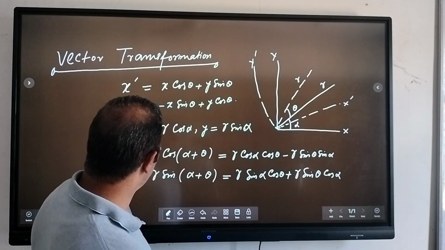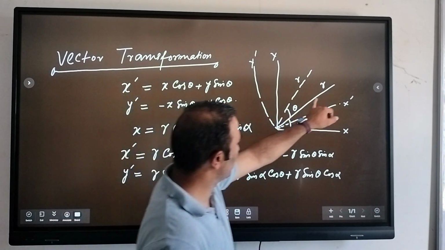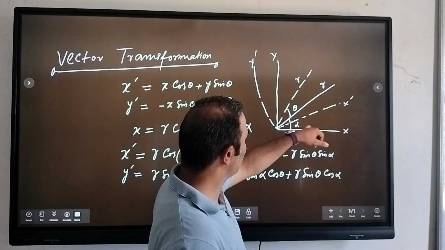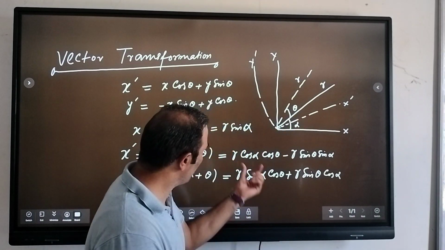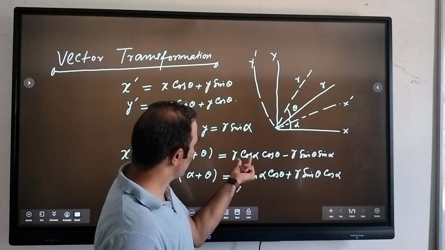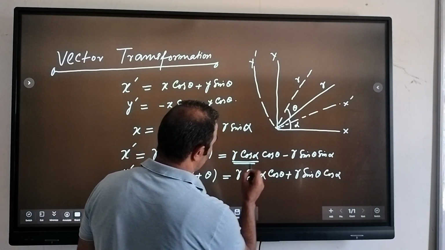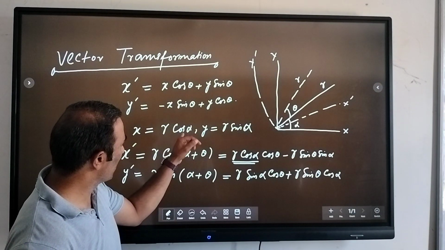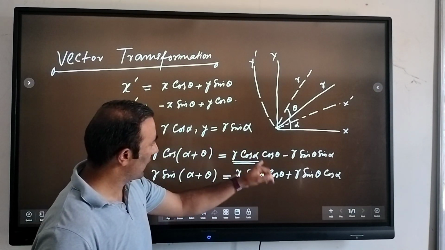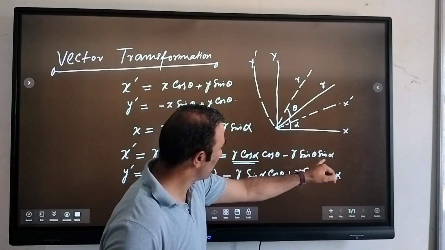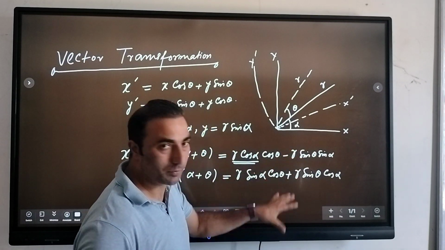Now you use this, because I can relate x equal to r cos alpha and y equal to r sin alpha. Instead of r cos alpha, I can write x, and instead of r sin alpha, I will use y in both of these equations.